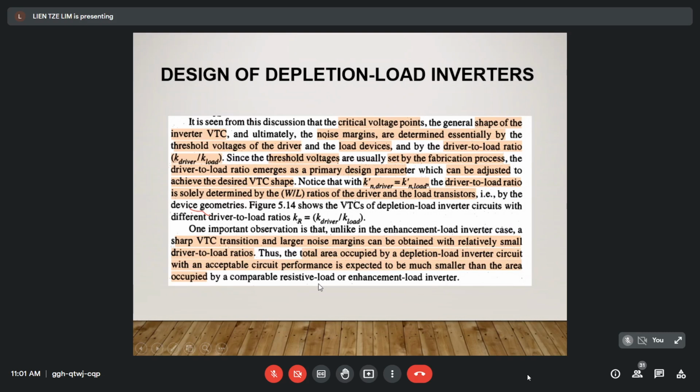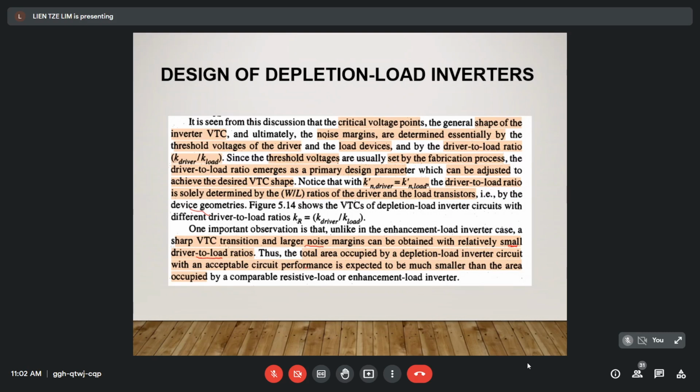So by the statements here, the driver to load ratio determines the noise margin and the VTC. When it is small, it will give a sharp VTC and also a larger noise margin.